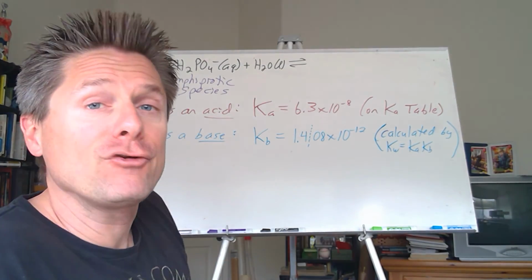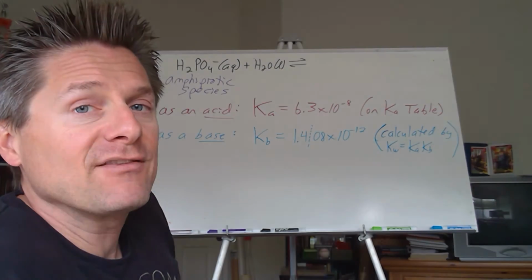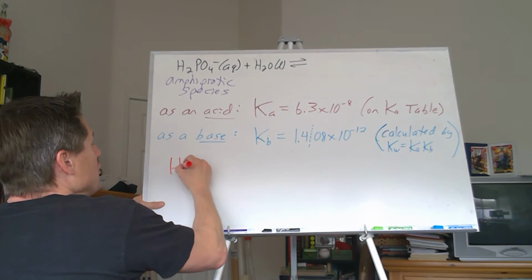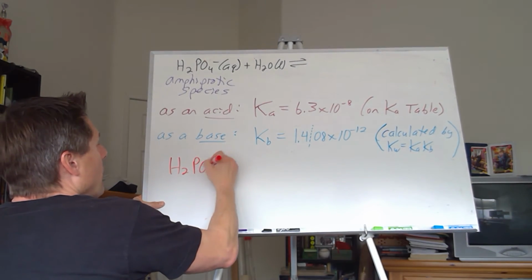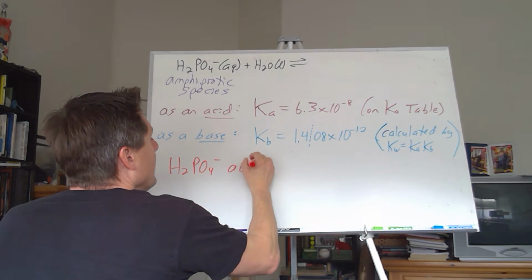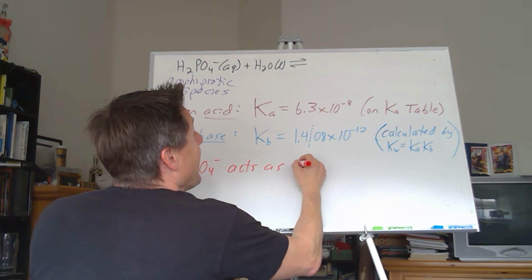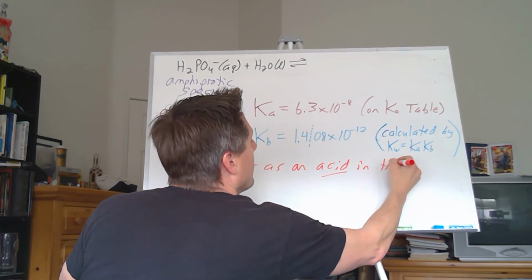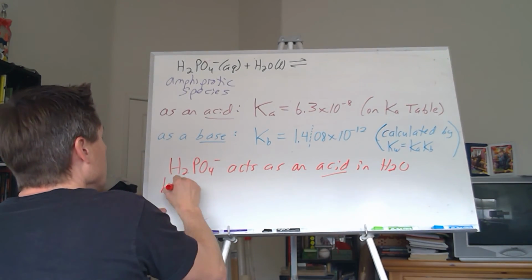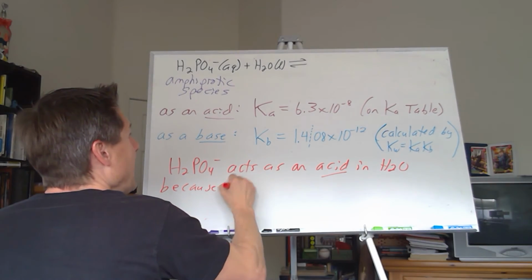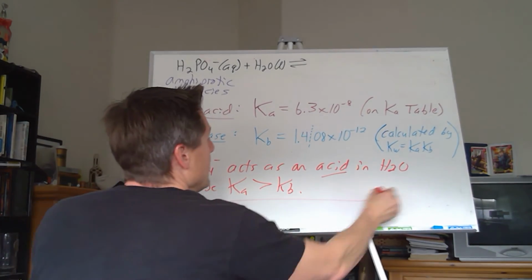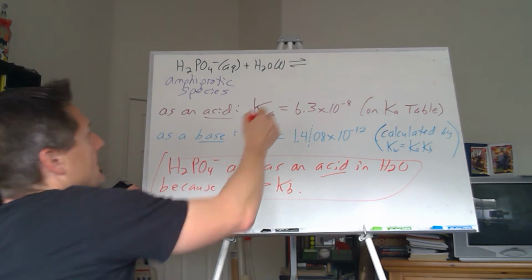So our answer to our question, does this prefer to be an acid or base, which is bigger? All right. So H2PO4 minus acts as an acid in water because Ka is bigger than Kb, right?